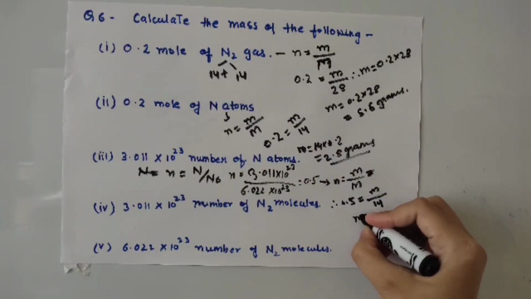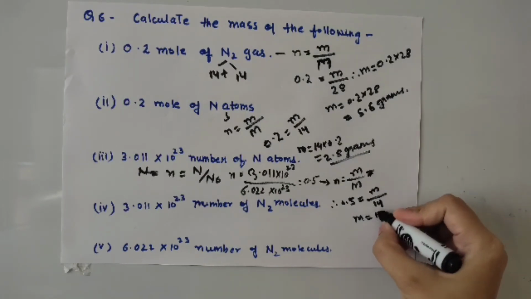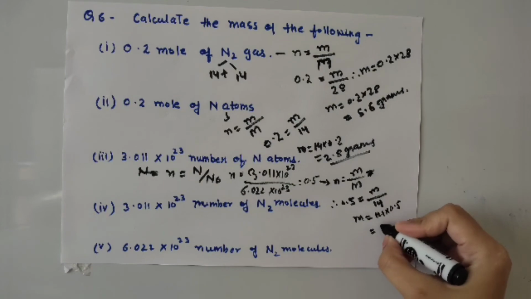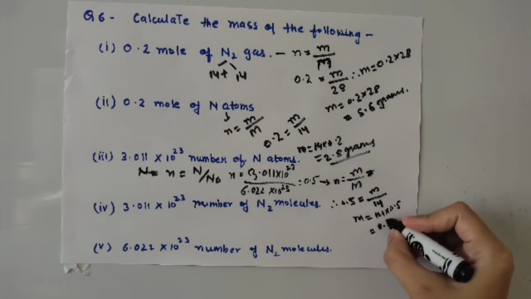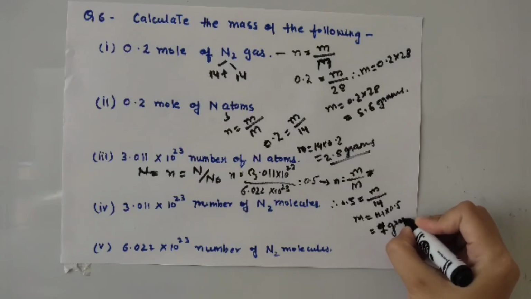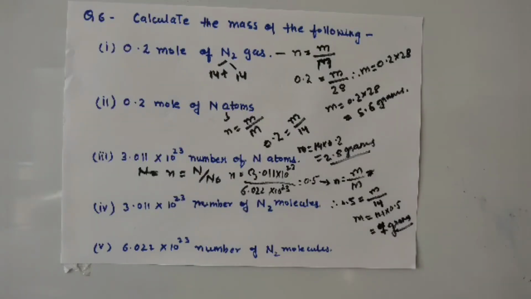So small m will be equal to 14 into 0.5. It will come out to be 7 grams. Understood? Let's move to the other question.